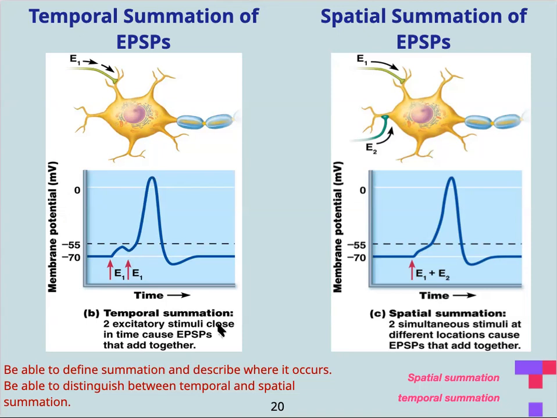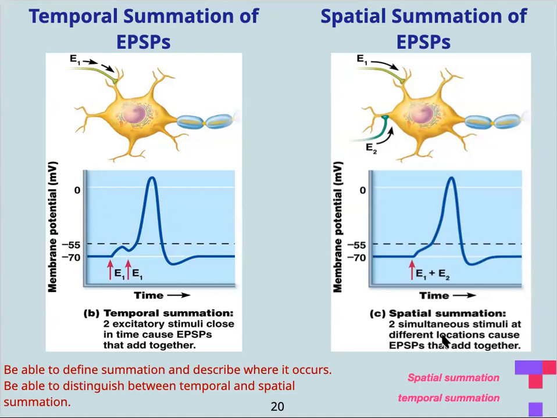Okay, so temporal summation refers to excitatory stimuli close in time, and these excitatory stimuli generally come from the same presynaptic cell. And then we also have spatial summation.